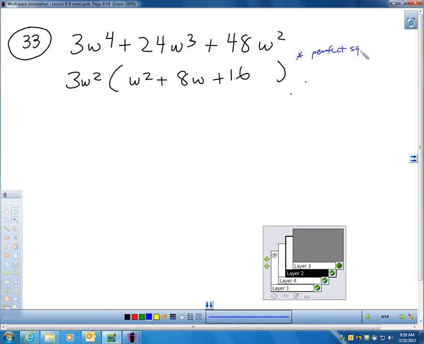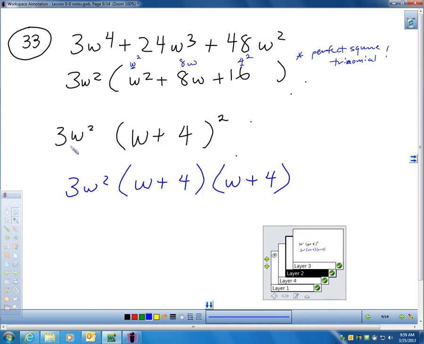I can tell immediately because I know that 4 squared is 16, w squared is w squared, and if I take w and 4, multiply it and double it, I get 8w. So when I know it's a perfect square trinomial, I immediately know that I'm going to get 3w squared, what I factored out, and w plus 4 squared. I get this right away.